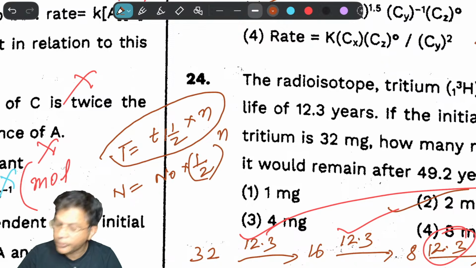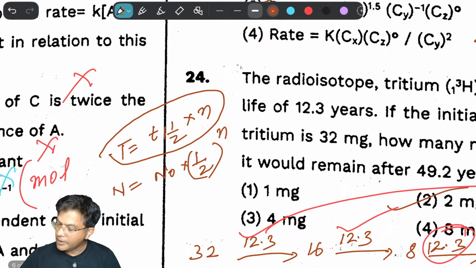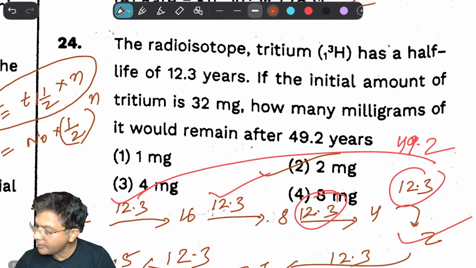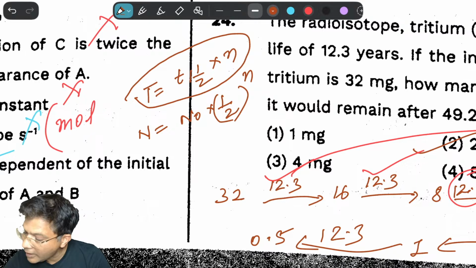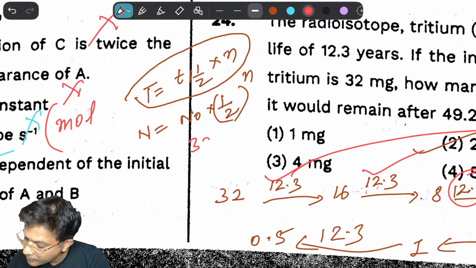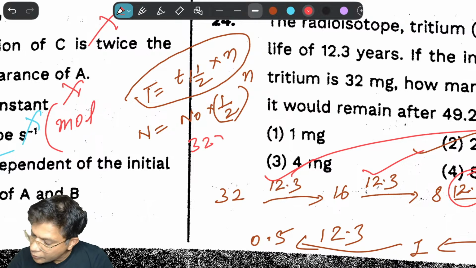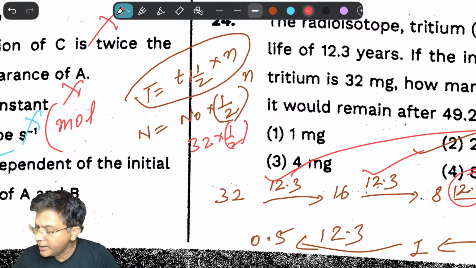This also you use in modern physics or radiochemistry. Now see, initial amount they have given, initial amount is 32 milligrams. So I will keep here 32 into 1 by 2 to the power n. N I don't know, so n I can calculate.